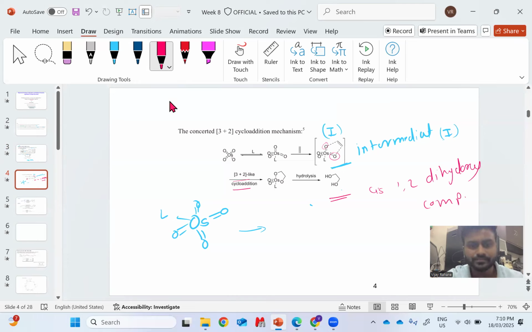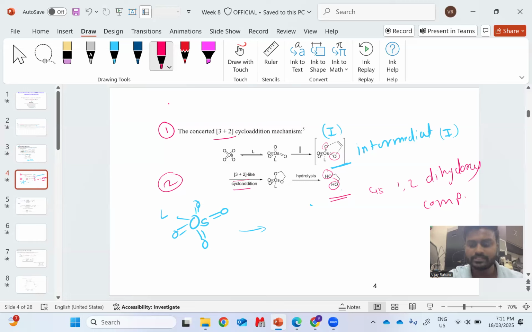The first thing to keep in mind is that the addition takes place in a concerted fashion, as a [3+2] cycloaddition. Further, osmium tetroxide is the active catalyst, from which the oxygen atoms come into the product as the hydroxy groups.